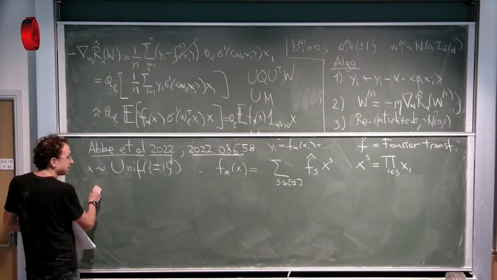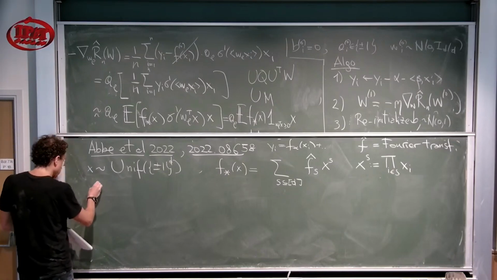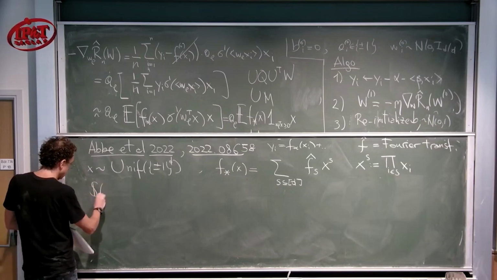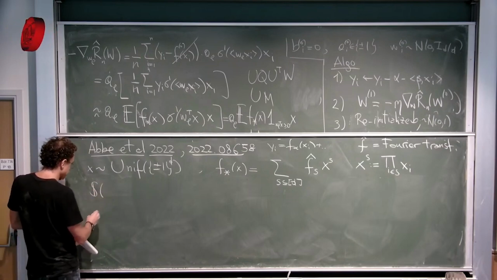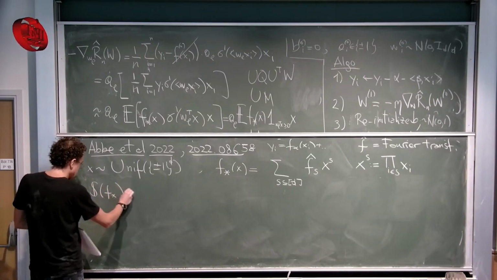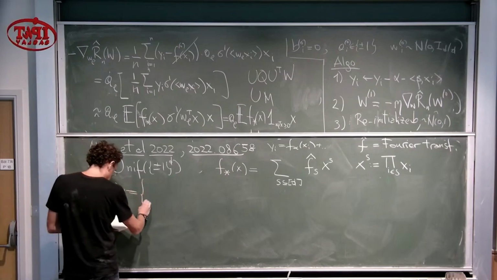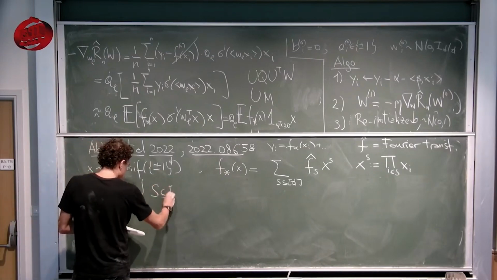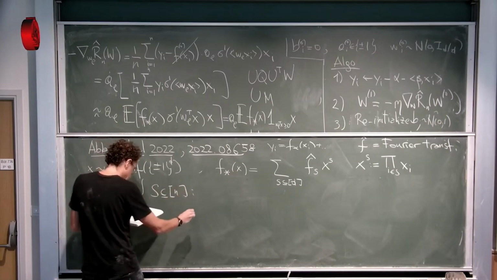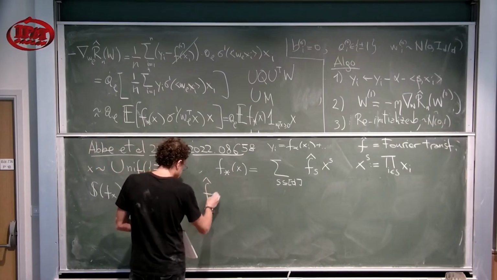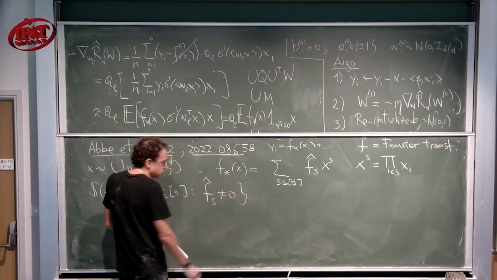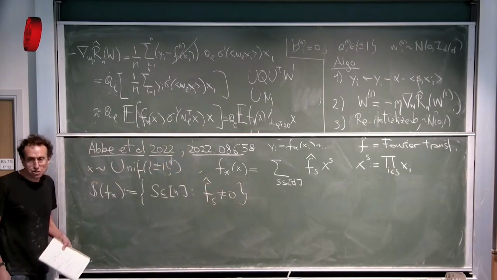Now, for any such function, you can define, let me call it this bold S of f star, the set of subsets S such that f hat S is different from zero. So what are the Fourier coefficients that are non-zero here?